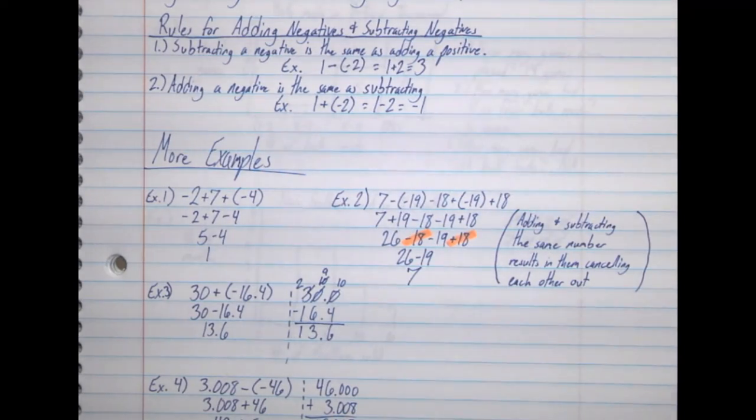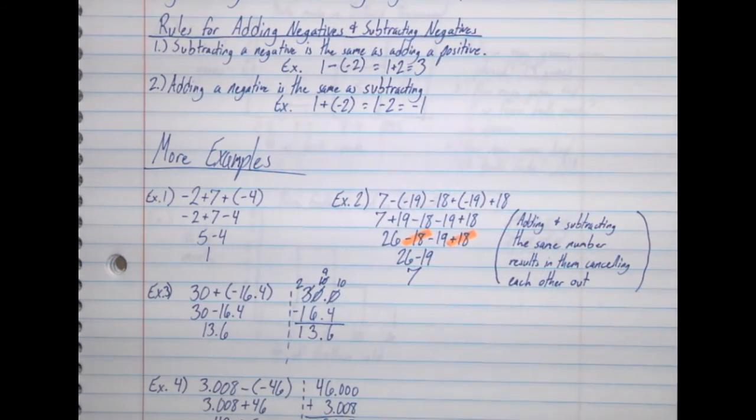If you see a problem that says a positive number minus a negative number, subtracting a negative ends up creating an addition, or a positive. In the example, we have 1 minus negative 2. That translates to 1 plus 2, which equals 3. So just remember, two negatives cancel each other out and make a positive.